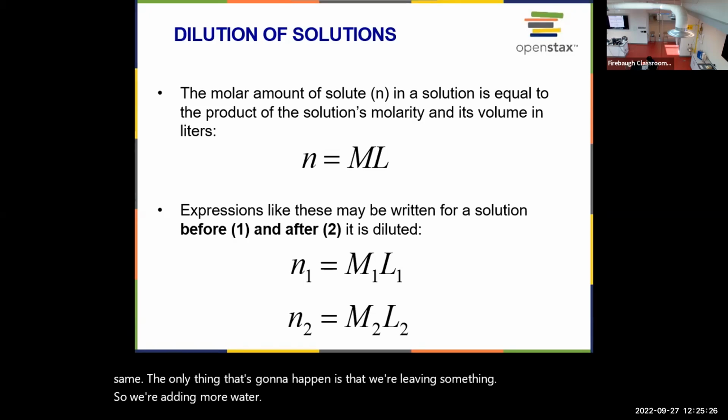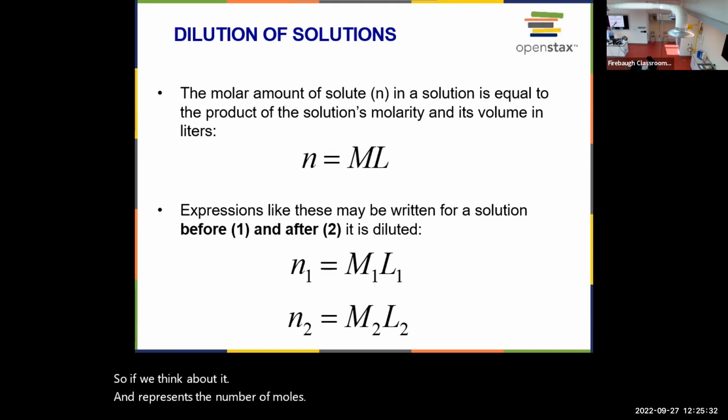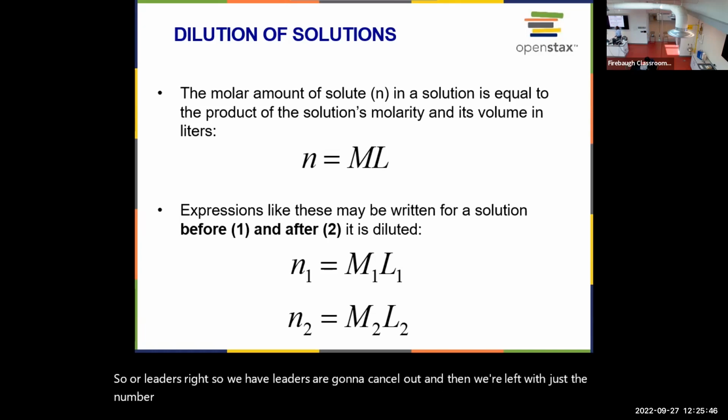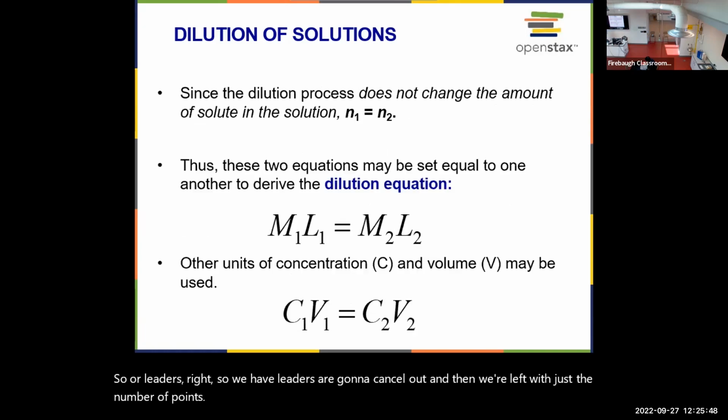So if we think about it, n represents the number of moles, M represents the molarity, L represents liters. So the liters cancel out, and we're left with just the number.